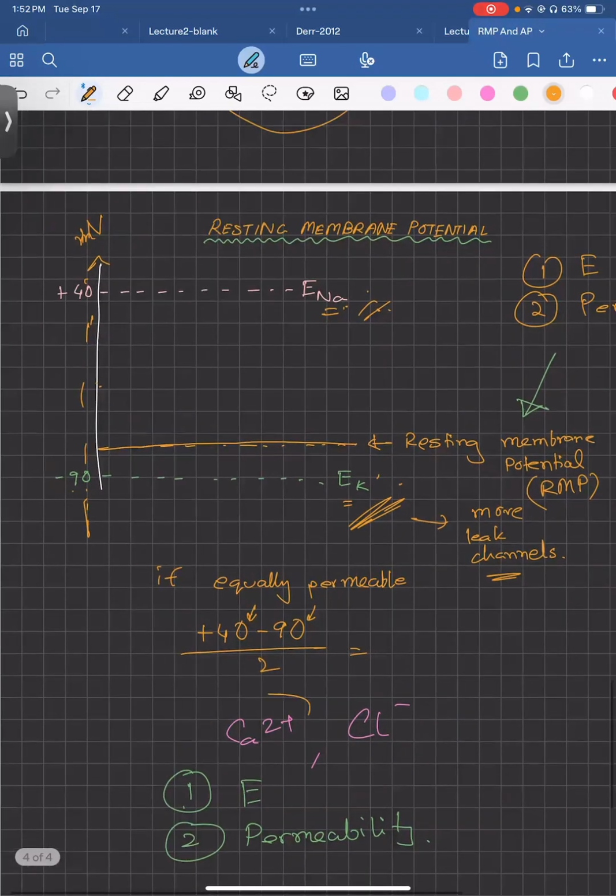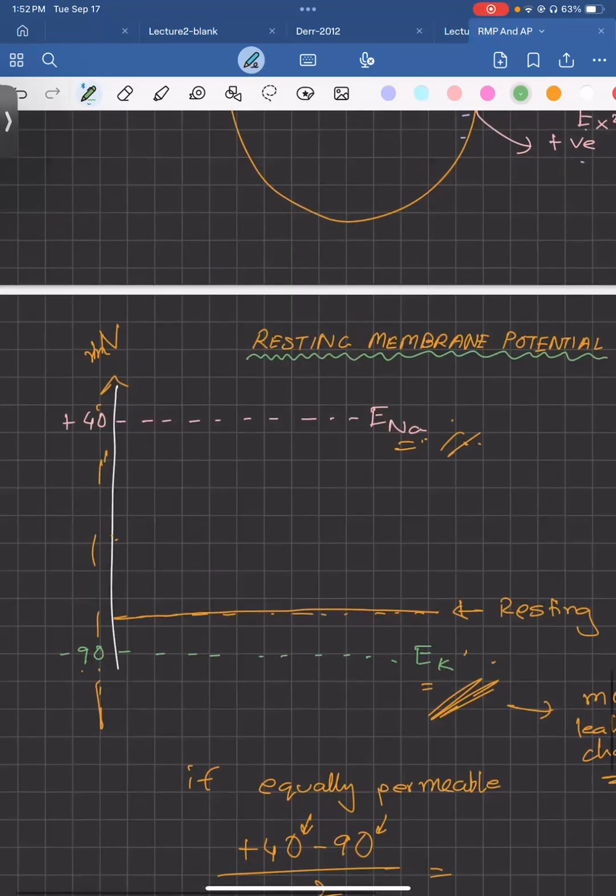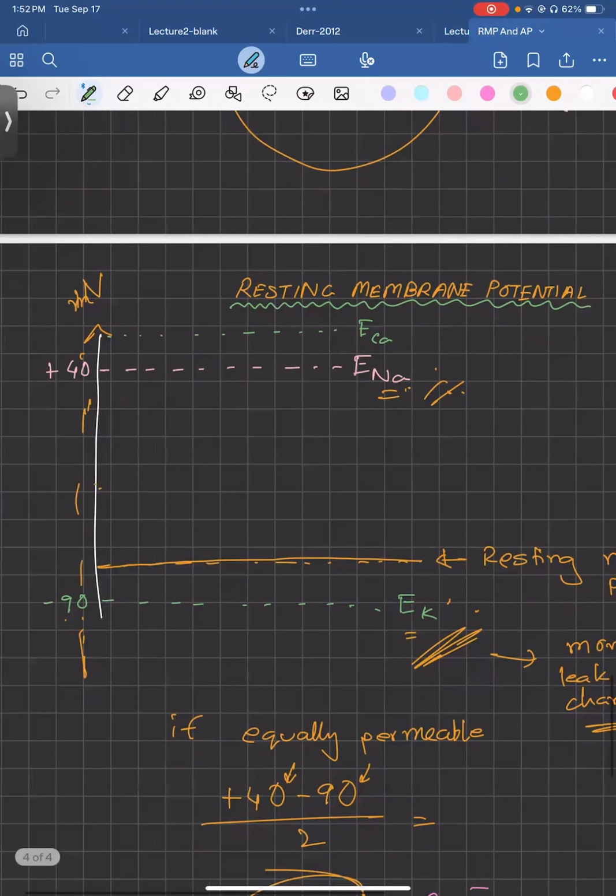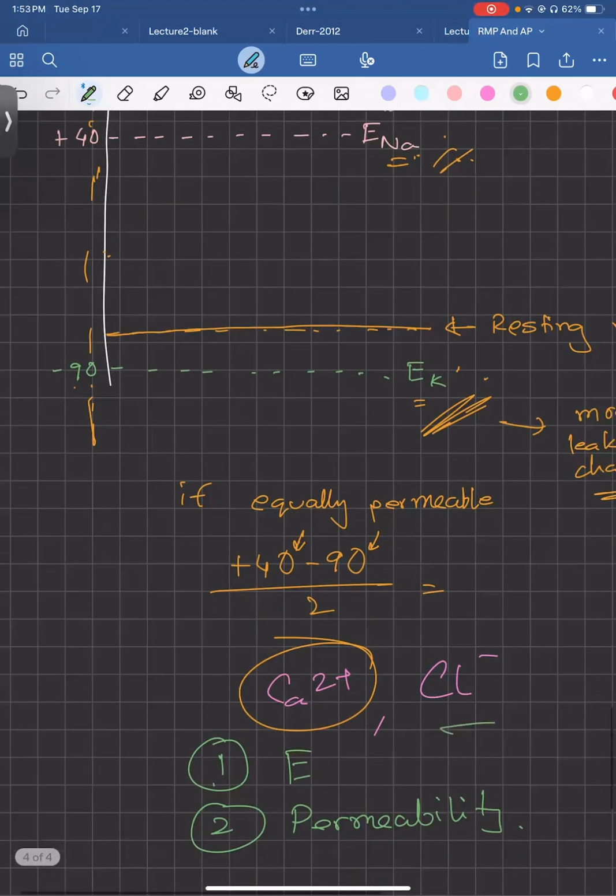So if I talk about calcium, calcium has an equilibrium potential that is very positive, like around here, very, very far up actually. But that's not going to influence much because the permeability of calcium is pretty low. And what about chloride?